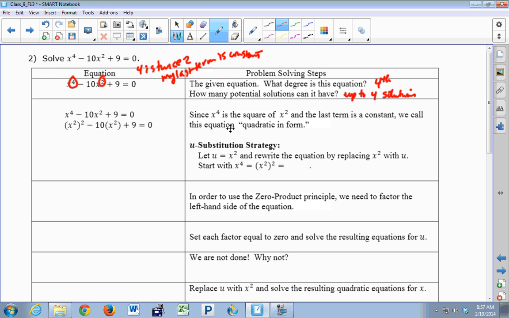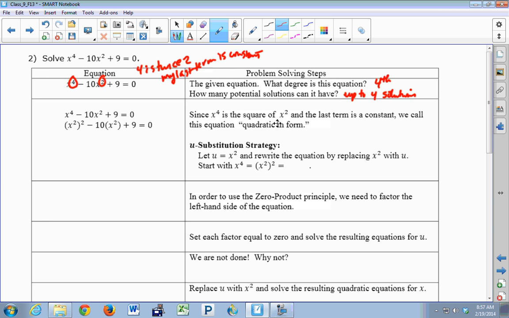All right, so here's a little key. Since the first term, x to the 4th, is the square of x squared, we use this strategy called u substitution.